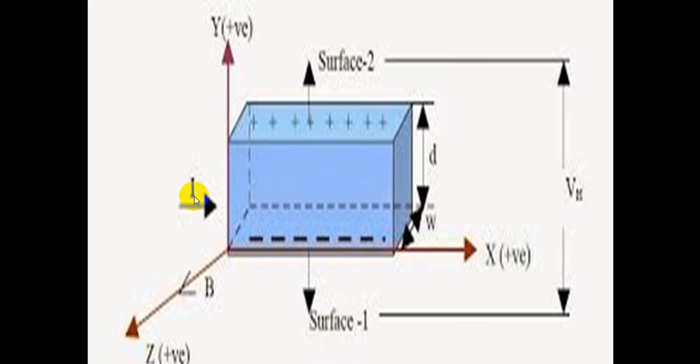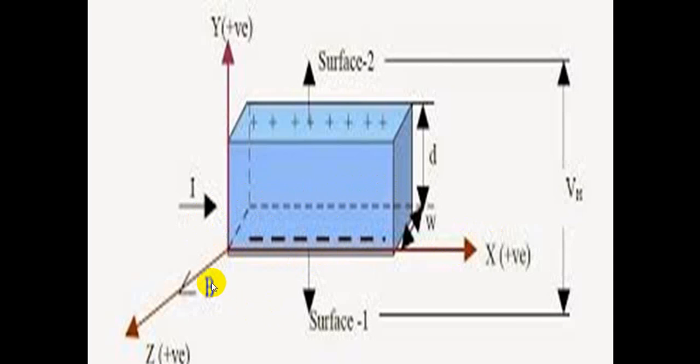Now we are sending I amount of current through the conductor. I is nothing but amount of current which is passed into the conductor. So the current is sent along x direction. That means the electrons are moving along x direction.